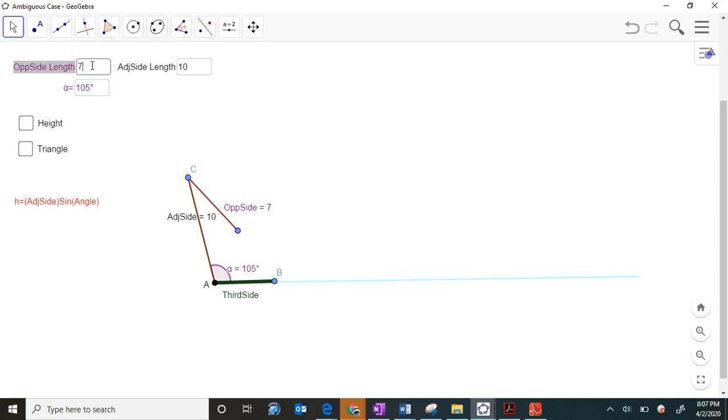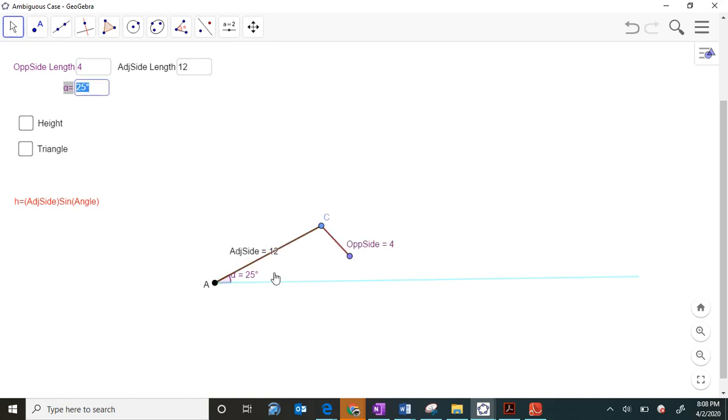And so I go over here. The opposite side was 4, and then 12 and 25. We know it's an acute angle, so we need to figure out what is going on there. And so this is what it looks like.